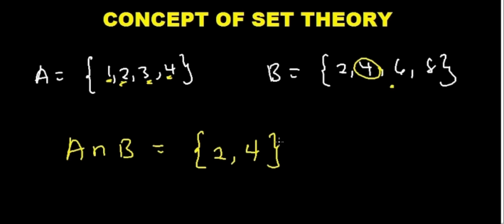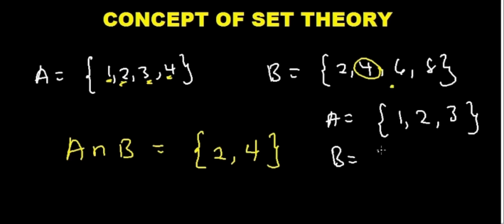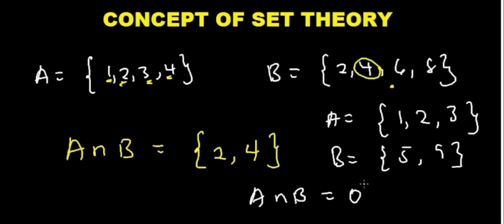And note this word. For example, if a set A is 1, 2, and 3, and a set B is 5 and 9, and you're asked to find the intersection of these 2, obviously there's nothing common here. So you write it as an empty set.